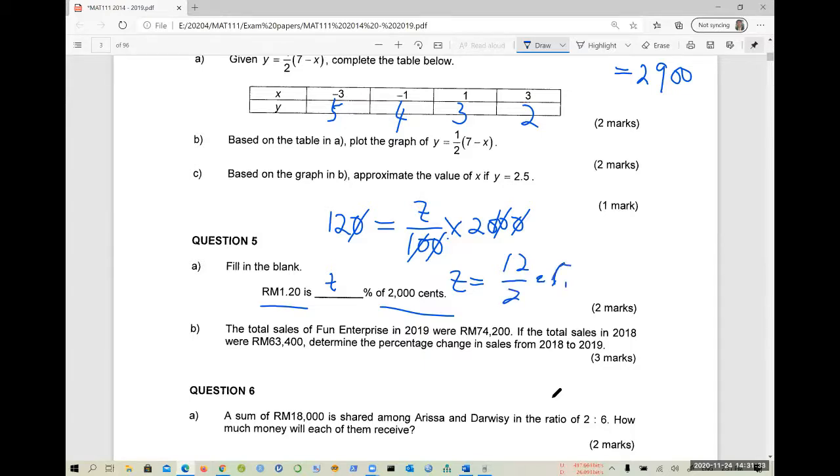So that means in this situation, RM 1 and 20 cents is 6% of 2000 cents.